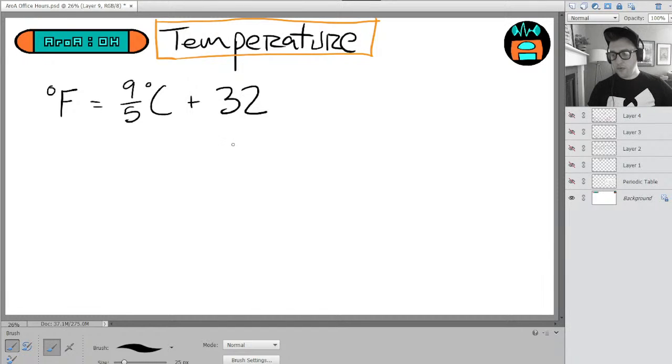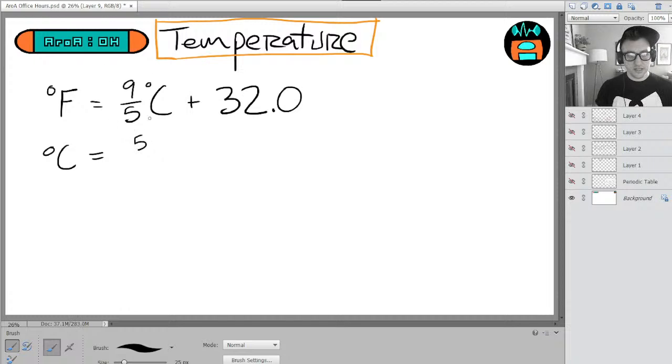To go from degrees Fahrenheit to Celsius, if you are in Fahrenheit and you want to find Celsius, the equation is just the algebraic rearrangement of the one above it, but it looks like this. You go 5/9 times degrees F minus 32.0.